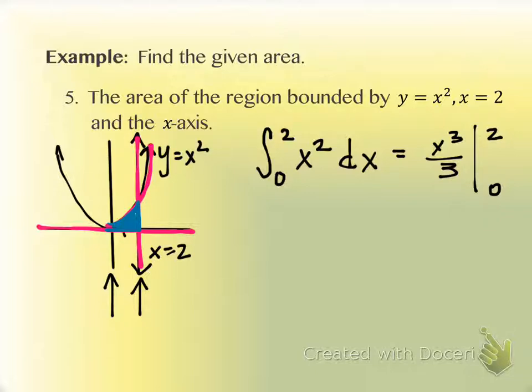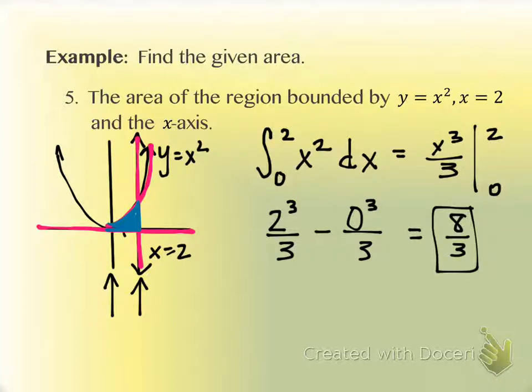Because, more often than not, what happens when you evaluate at 0? It's 0. All right, so the second half of this is 0. What's 2 cubed over 3? It's 8/3. Okay, any questions on that one?